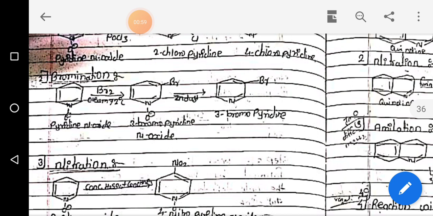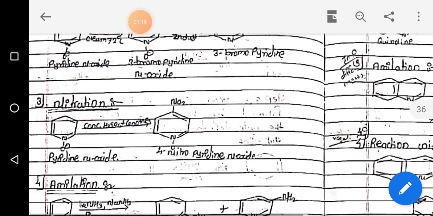We get only one product, the product at the three position, that is 3-bromopyridine N-oxide, and then we reduce this oxygen atom by using zinc dust. So we will get the nitrogen-containing ring, that is 3-bromopyridine.